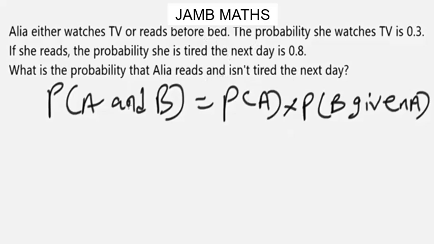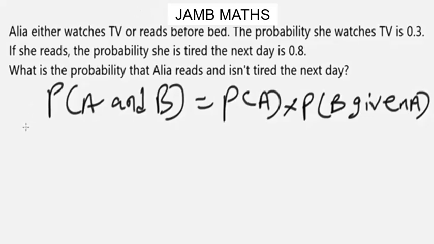To begin to solve this question, we have to label our events A and B. Since in this question we are asked to find the probability that Alia reads and isn't tired the next day, we are going to label the probability that she reads and isn't tired as our events A and B respectively.